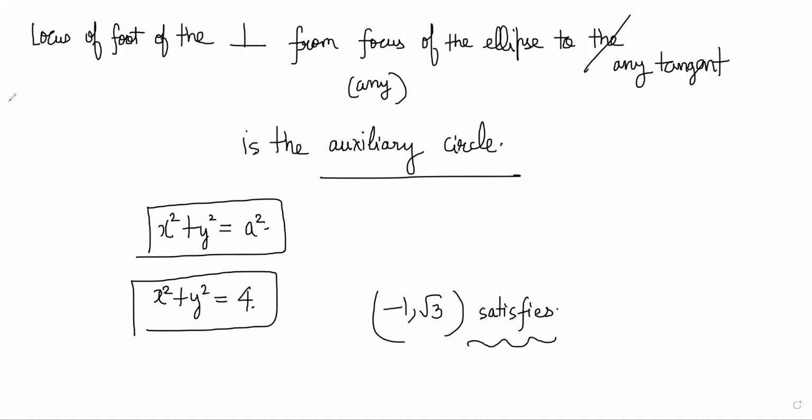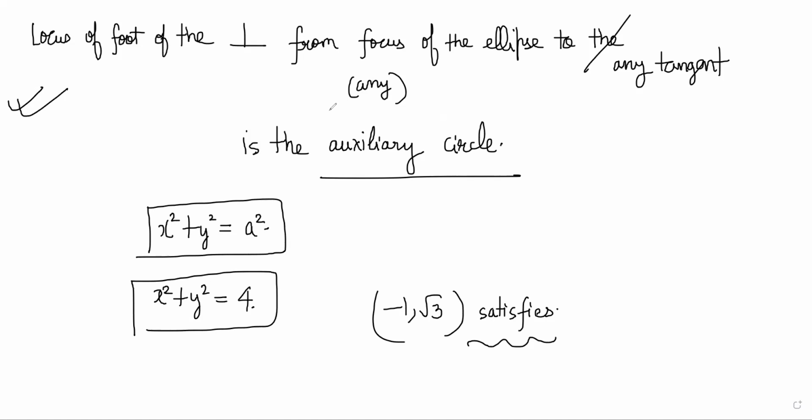Unless you know this, there is no chance of doing this question in the exam. Locus of the foot of perpendicular from any focus of the ellipse to any tangent is the auxiliary circle.